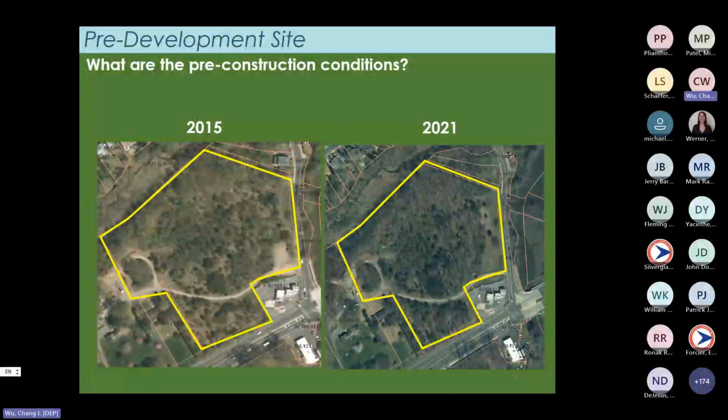And the aerial photos from 2021 and 2015 show that the land cover did not change in the past 5 years when the project was submitted in 2021 for review.